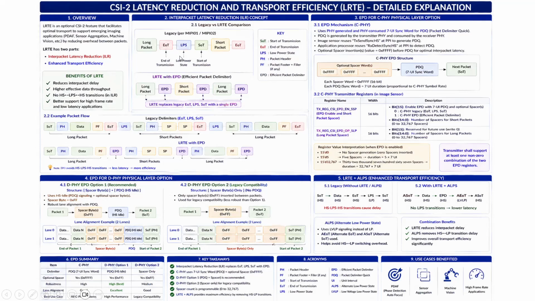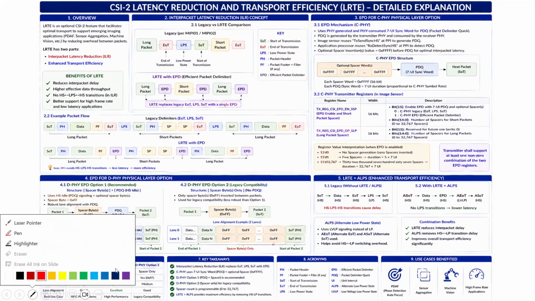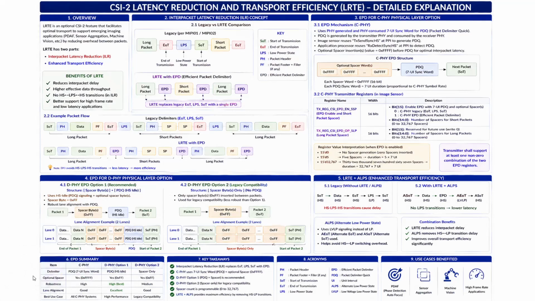When a packet finishes and enters the low power state, we need to identify that it is going to the low power state. LRTE will identify that. And when another transition happens, when the other packet is transmitted, from the transmitter side to the receiver side, that will be taken care of by the LRTE.